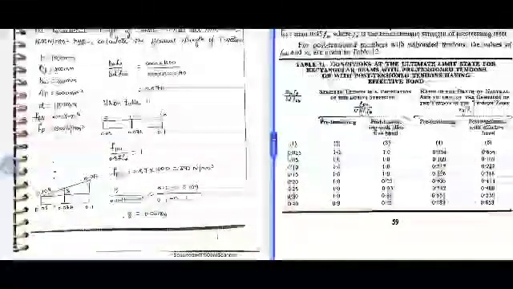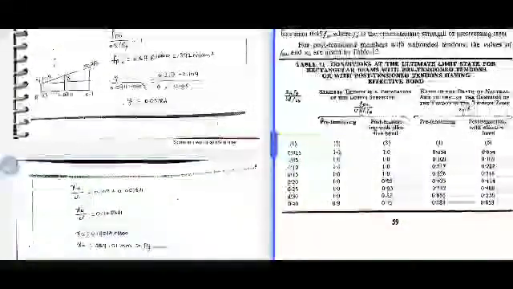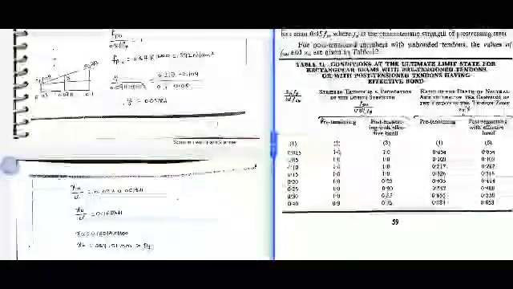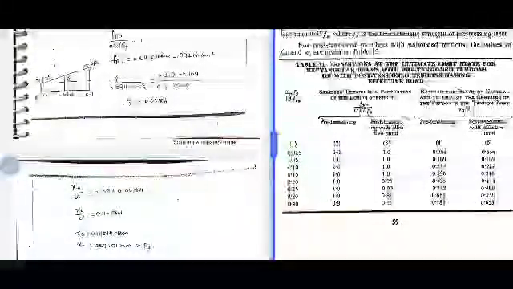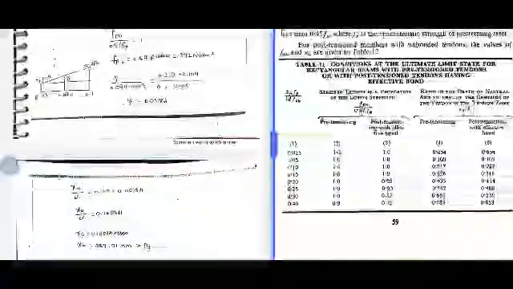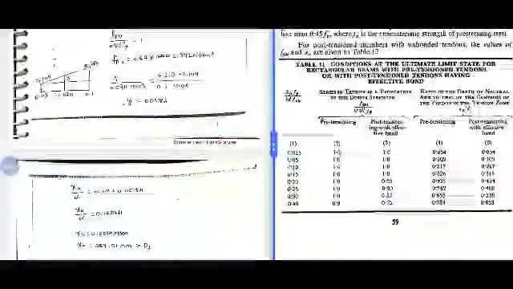On interpolating for 0.074 we will get 0.16084 as the XU by D ratio value. Then simplifying, we will get XU value, it is 289.51, but the depth of the flange is 200 mm, so it means your neutral axis lies in the web, that is XU greater than DF.